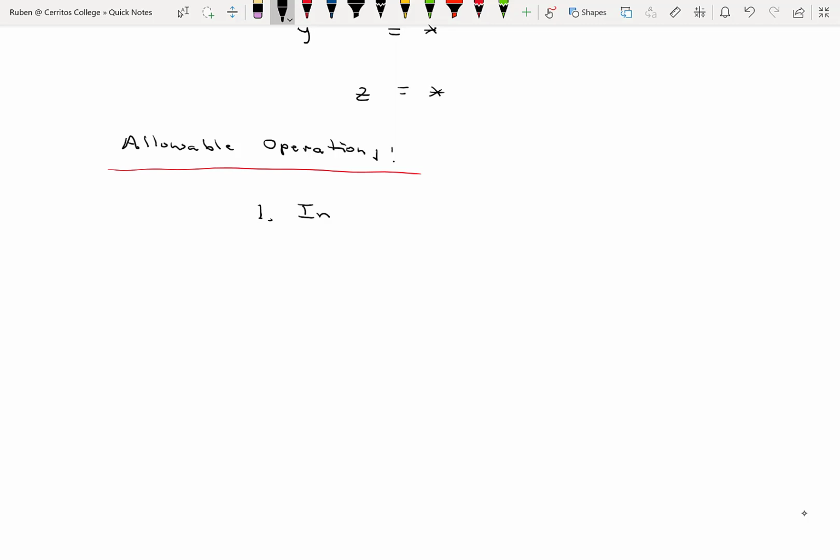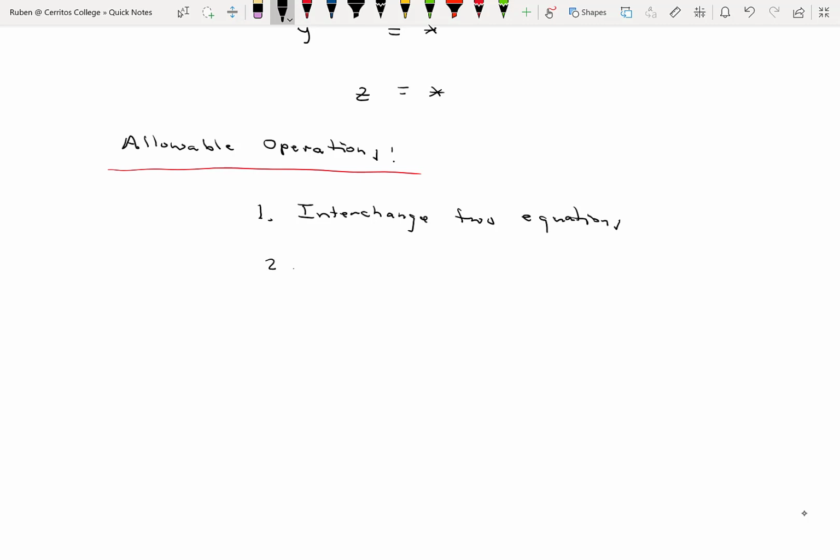This is kind of a no-brainer. If I rewrite a system of three equations by interchanging the first and third equation, I have the same three equations, just in different order. Okay, so I can interchange any two equations.